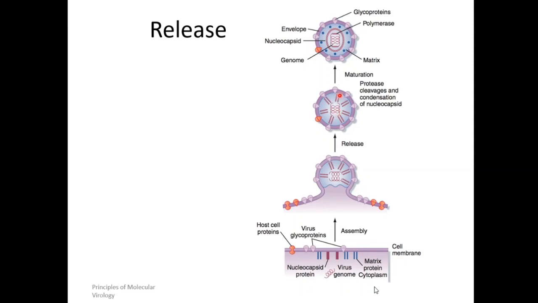So with budding, the virus gets out and can also infect other cells. If some viruses have not yet attained this structure, the virus will not be able to infect any cell and will just be inactive.